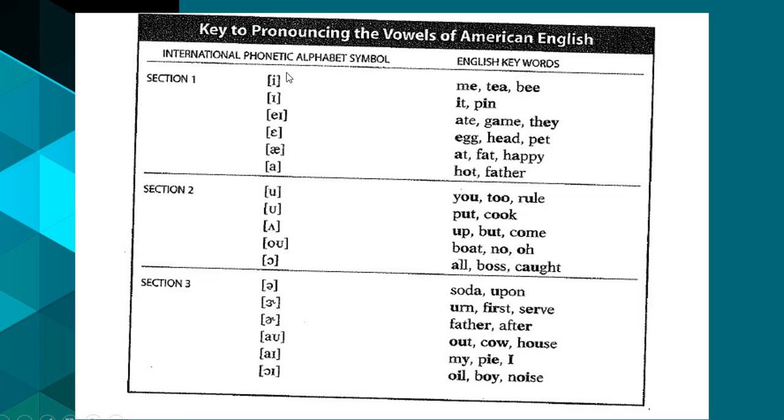These are the different vowels that we are going to study this semester.